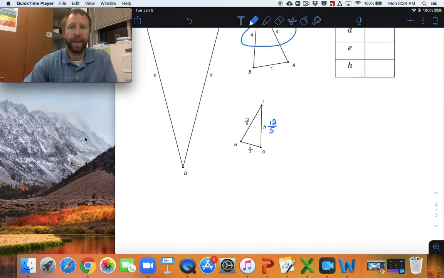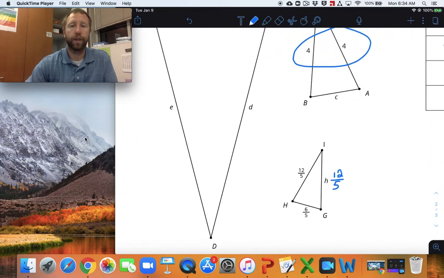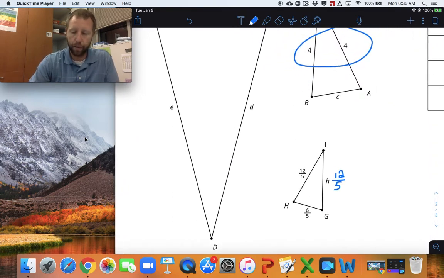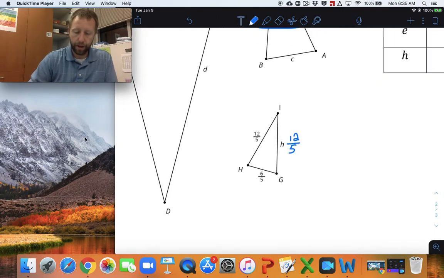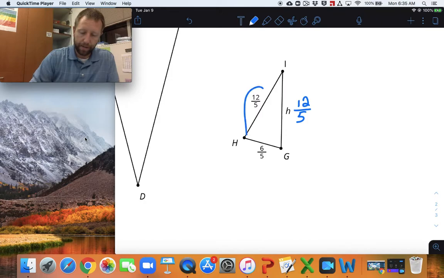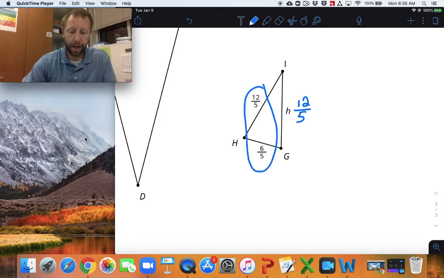I don't know for the larger triangle either one of those sides, but we'll find those out in a minute. So I know all of those side lengths have to give me that same quotient when I divide, and that's what I'll start off with. I'll start off by dividing the longer side by the shorter side for this triangle, and then that same quotient will be for the other triangles as well.